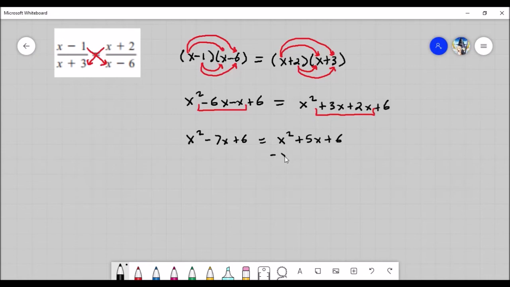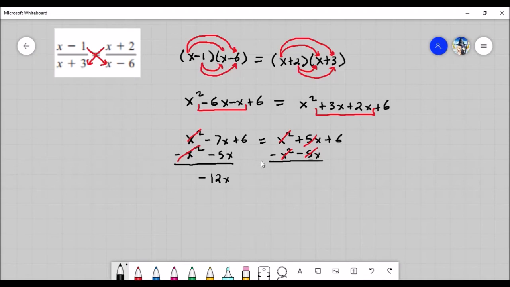So minus x squared, minus x squared, minus 5x, minus 5x, and it just so happens these x squares cancel out as well. And this over here, a negative 7x minus a 5x, that would give me a negative 12x.